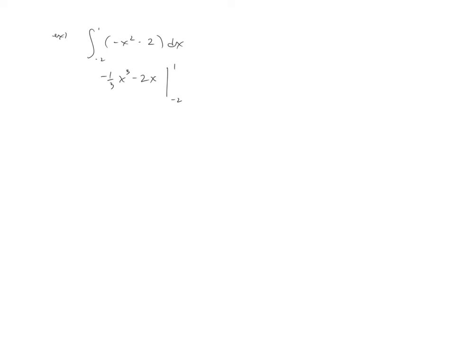So we'll evaluate now, where I take the 1 and plug it in first, and then minus the function evaluated at the bottom number, which is -2. So I've plugged the 1 in to start, and then minus, and we'll plug the -2 in for that last part. And when we simplify this down, this gives us a -9 for the final answer.